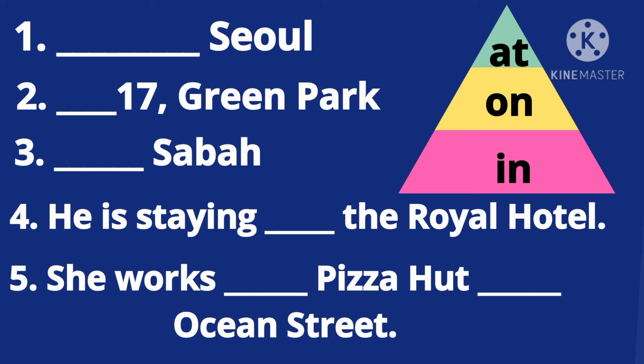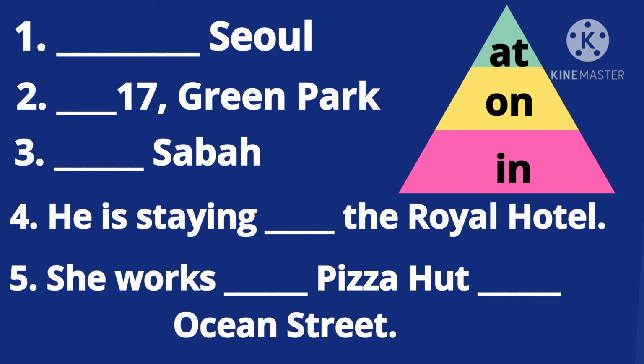Or if you feel you can do it right away, then join me right now. Okay, let's get started. So again, your options are at for something very specific, on for something a little bit wider, and in for the largest areas of all.